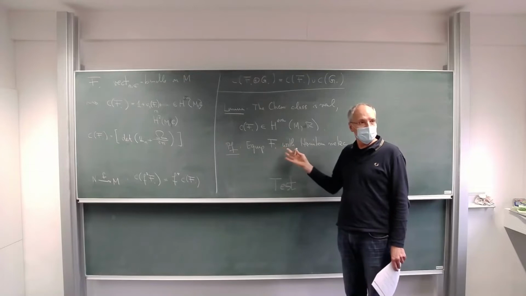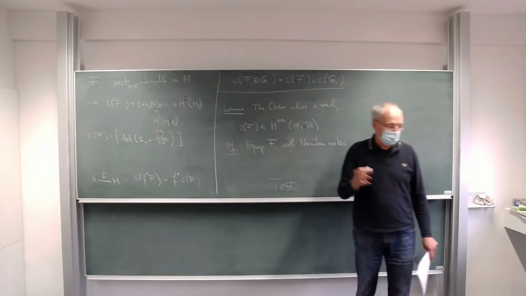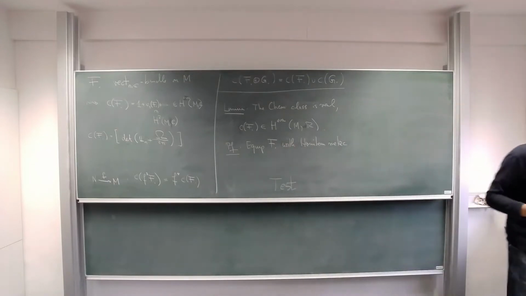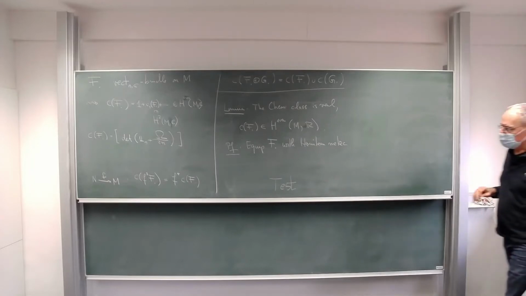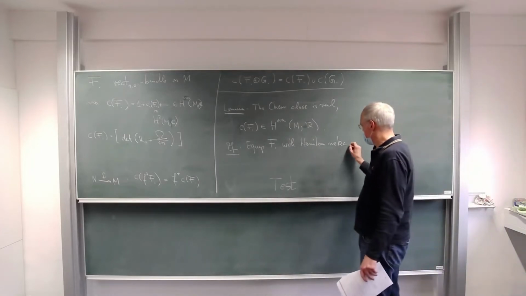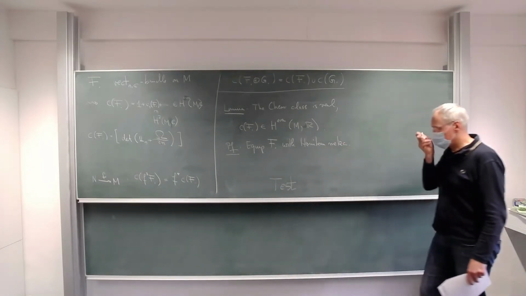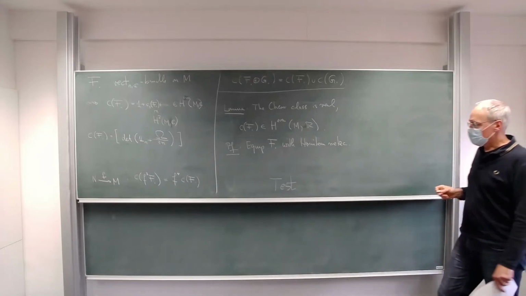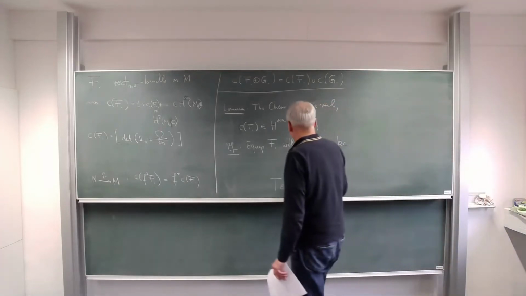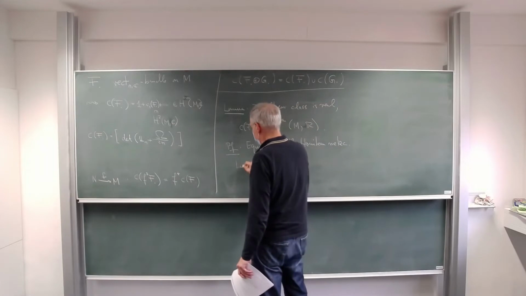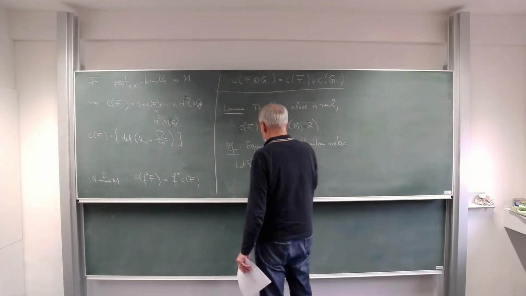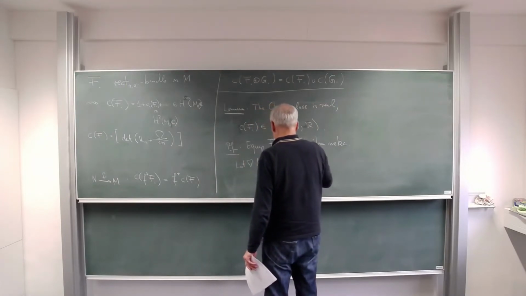Then you can use a partition of unity to paste them together. That's a general construction that you'll probably have seen. So we can always equip a complex vector bundle with a Hermitian metric. And then we can also always find a compatible connection. So let ∇ be a compatible connection.